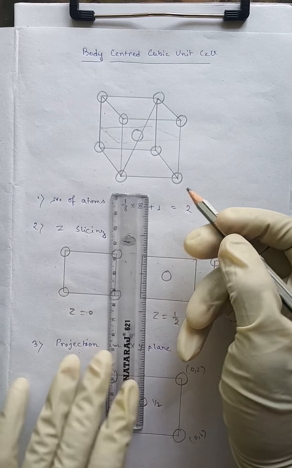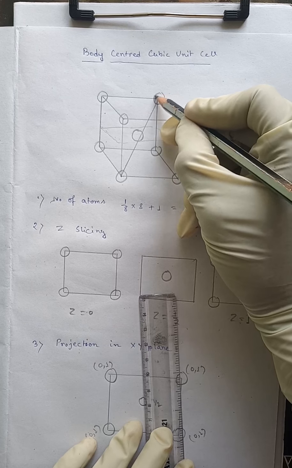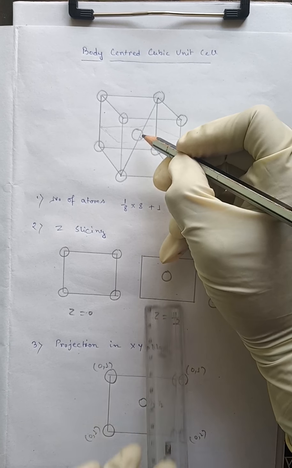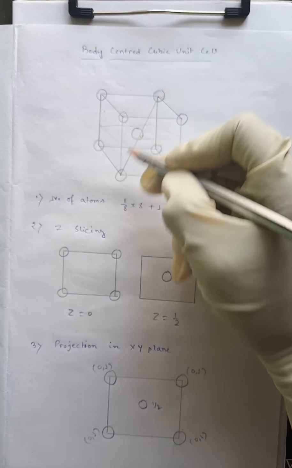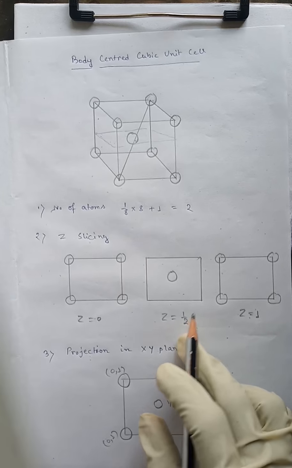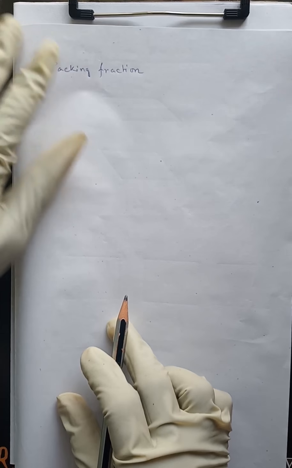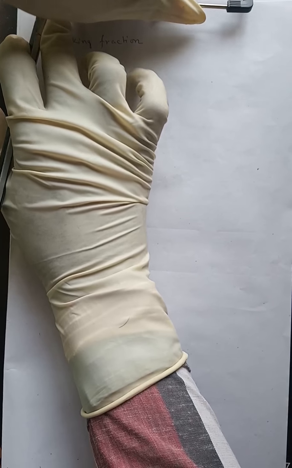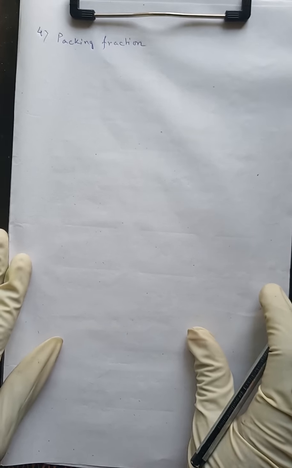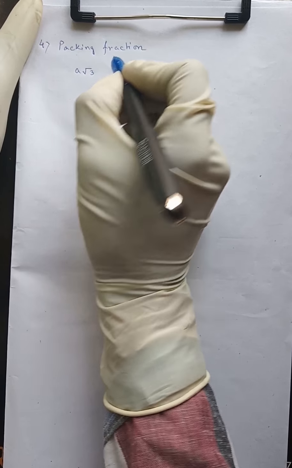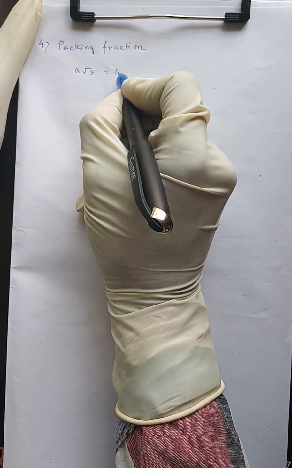This is your body diagonal, and this contains atom here, here, and at the middle. So there are 3 atoms, and the thing is, in case of body-centered cubic unit cell, the relation is the body diagonal, which is a root 3, is equals to 4r.